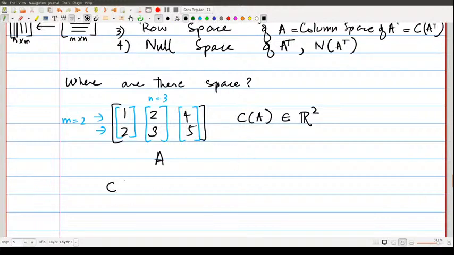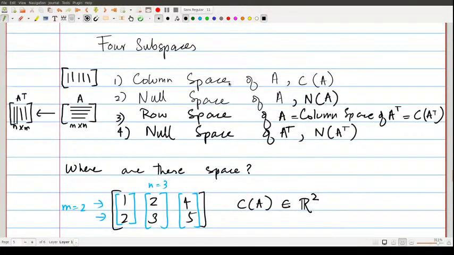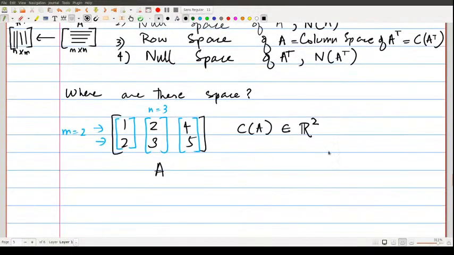For a general matrix, each column will have m rows, which means the column space of A will be a subspace of the m-dimensional real space, Rm.